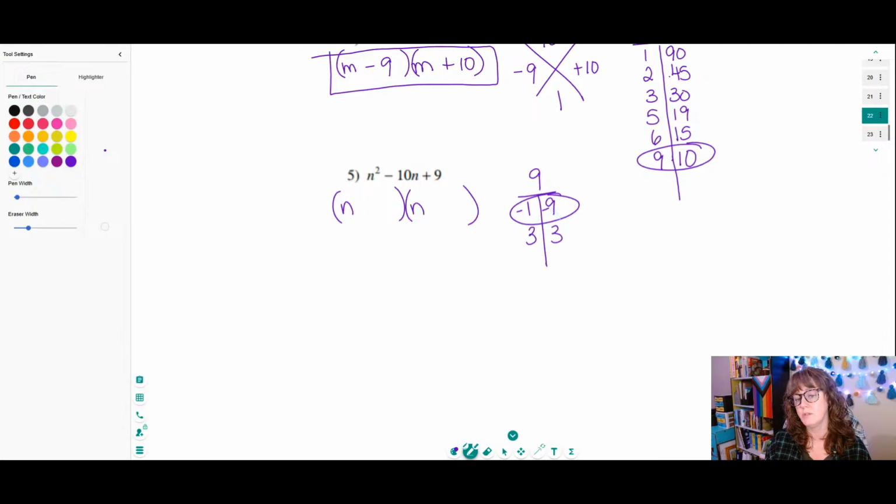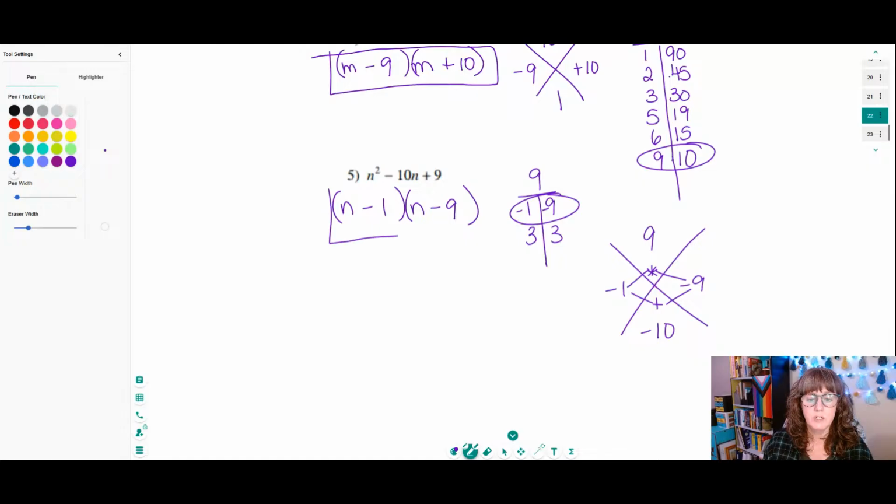And they would also multiply to positive 9. So negative 1 times negative 9 gives us positive 9 still. If we add these, they're going to give us negative 10. So we've got negative 1 and negative 9 for our two factors for that one.